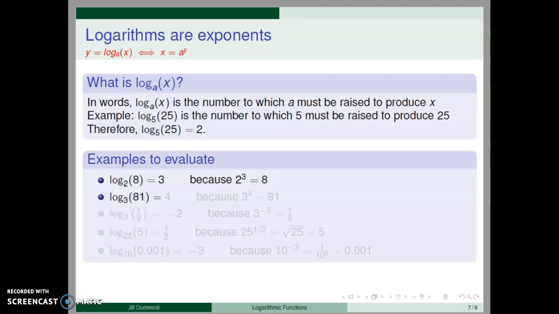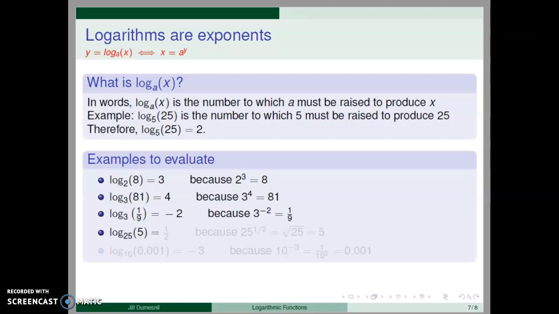Log base 3 of 81 equals 4 because 3 must be raised to the power 4 to produce 81. Similarly, log base 3 of 1/9 equals negative 2 because 3 to the negative 2 power produces 1/9.